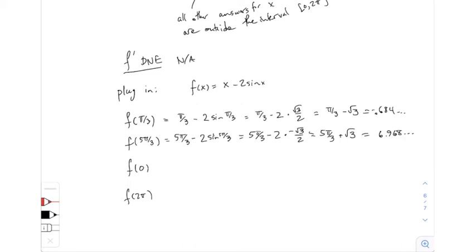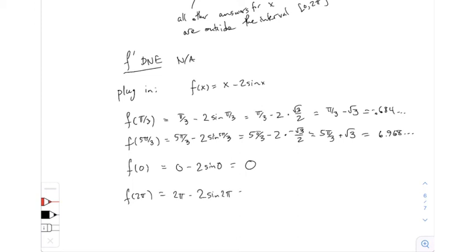All right. These other ones are a little easier to work out. f of 0 will be 0 minus 2 sine of 0. Anybody remember sine of 0? It's also 0. I saw someone give me the hand signal. Yeah, so this is just 0, right? Sine of 0 is 0. And f of 2 pi will be 2 pi minus 2 sine of 2 pi.